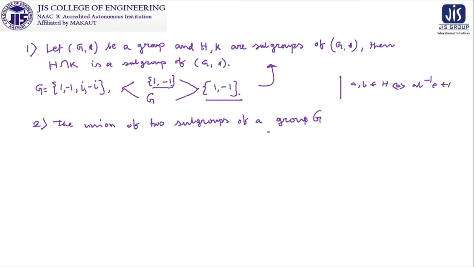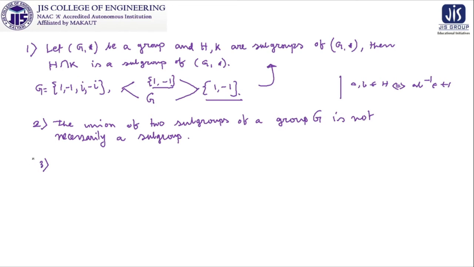The union of two subgroups of a group G is not necessarily a subgroup of G. Look at this: intersection gives you subgroups but not the unions. It is not at all guaranteed that it is going to be a subgroup.